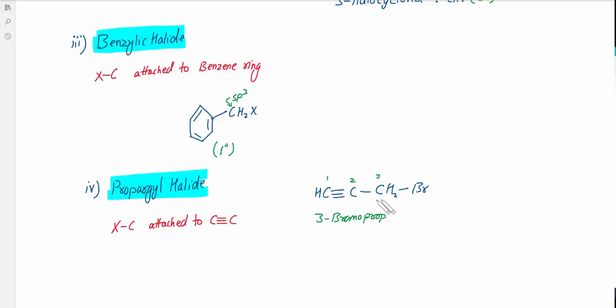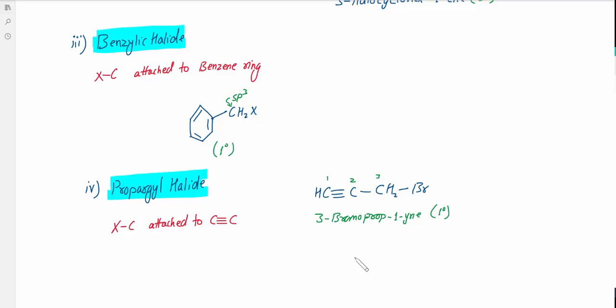It can be at position 1 as well as between 2 and 3. So we have to use the number here, that is 3-bromoprop-1-yne, and as you can see here, this is a 1 degree compound or primary compound, right?